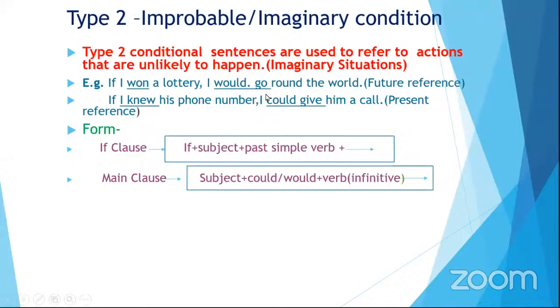Just look at the above two examples and then you will understand it very clearly. Subject and could or would plus a verb in the infinitive form. Well, did you write it down, students? Have I given you enough time? Okay, do write.